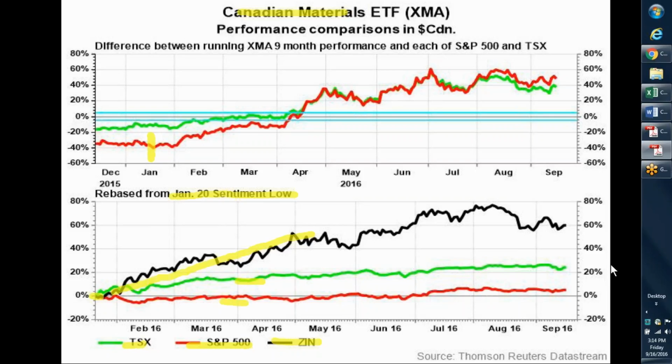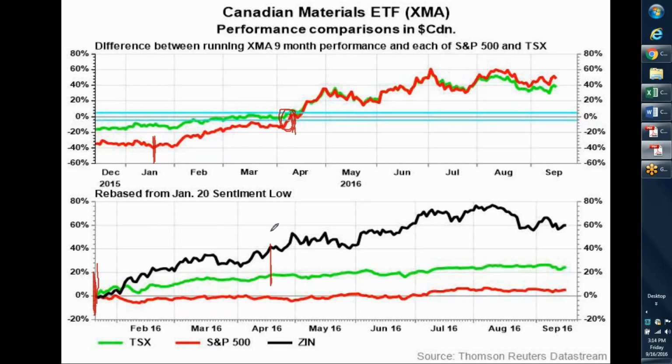Now, interestingly enough, the leadership here started exactly at January 20th. But if you look up here at January 20th, we didn't get an outright buy signal for that ETF until sort of early April.